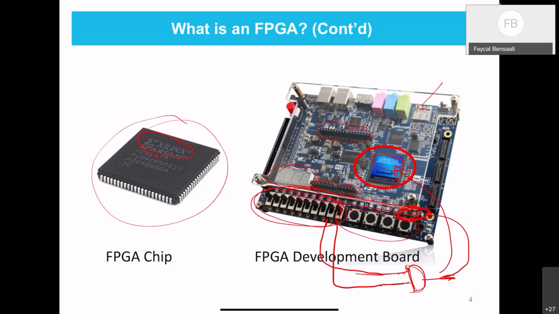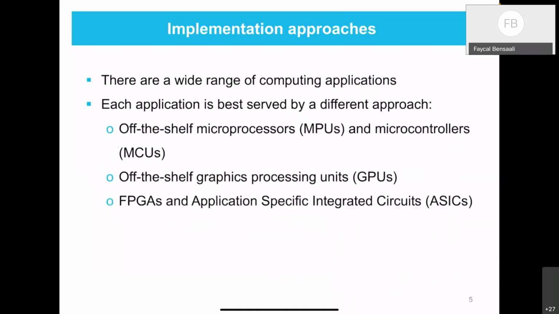But again, the concept is always the same. The code that you write to configure for this will work on both. It's standard. So VHDL is a standard. It's like C. It doesn't depend on which processor or microcontroller you are going to use. It will work because it's a standard. Is this clear? So this is the FPGA.